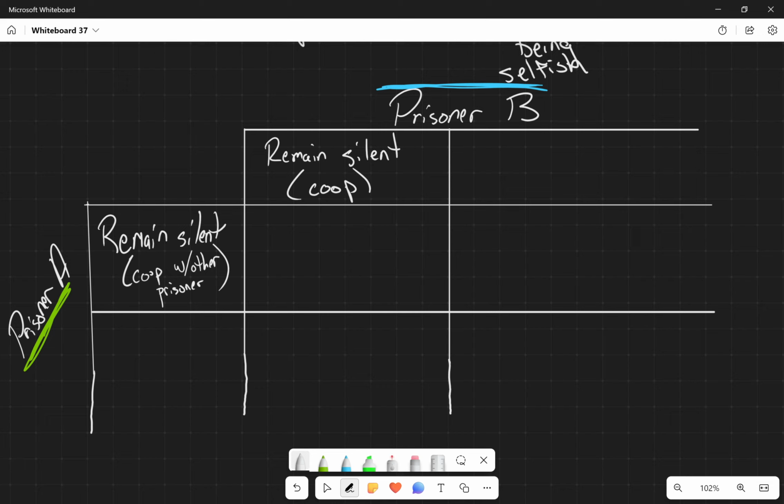So let's say they had a deal going in saying, hey, if we both get arrested, don't say anything, don't admit to anything, just take your lumps and move on, right? And so prisoner A, if they were silent and the other person remained silent, would get 2 years. Prisoner B would also get 2 years.